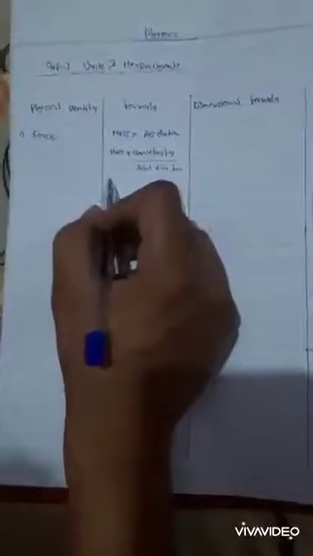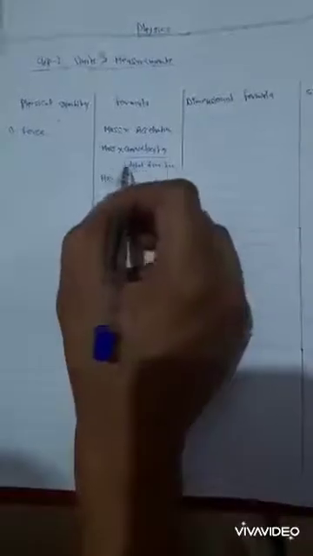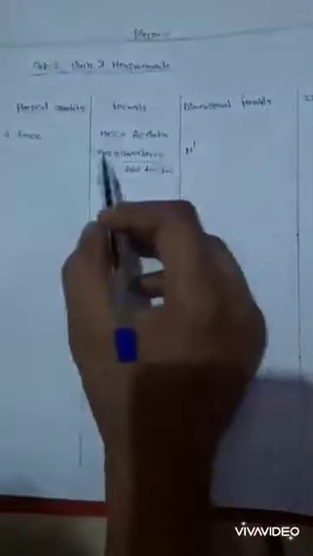So the formula of force will be mass into change in velocity upon total time taken. So the dimension formula you will get is M raised to power 1, because here it is mass, change in velocity.